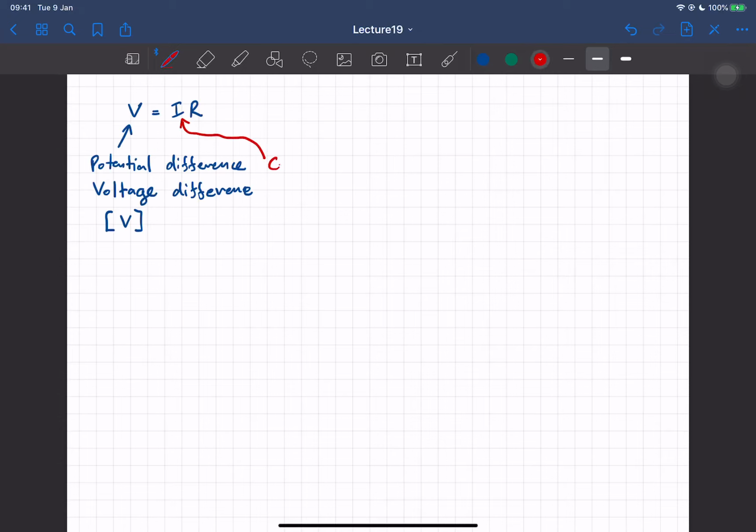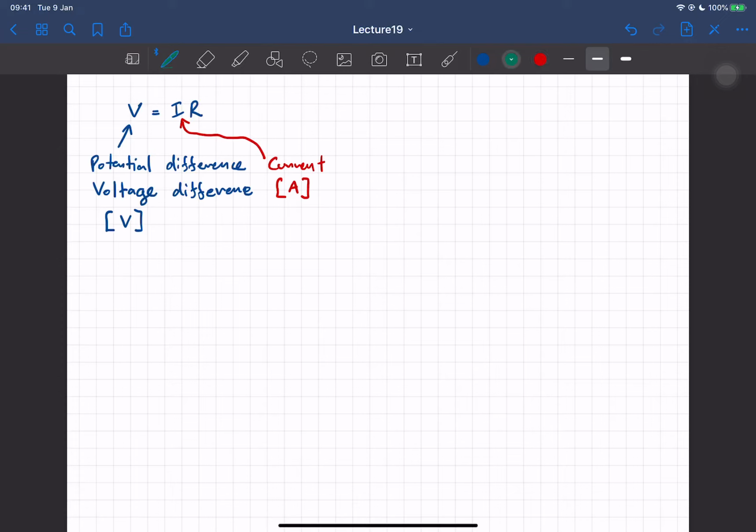I is the current. And the unit is ampere. Okay, that's what we talked about earlier. It measures how much charge flows across the material, which in this case we call a resistor, in one duration of time. Okay, so it's measured in ampere, A.